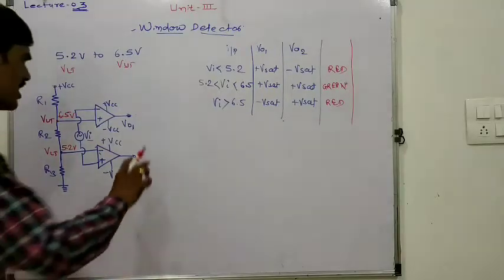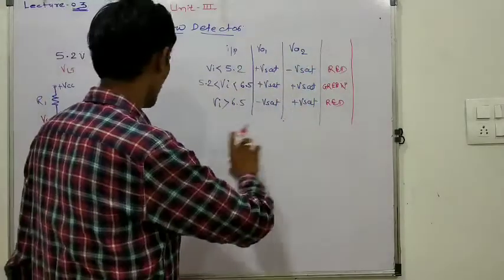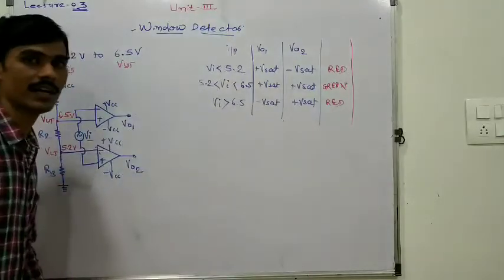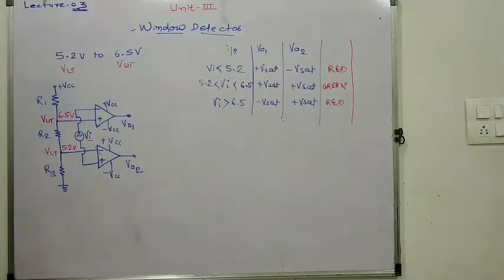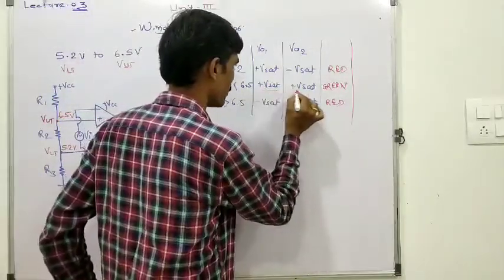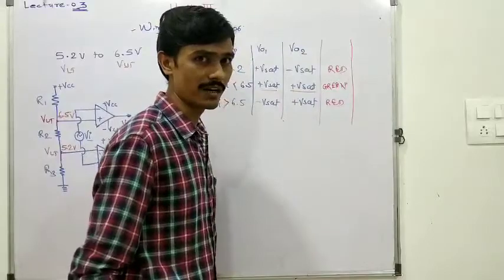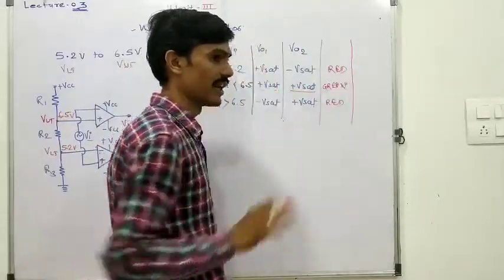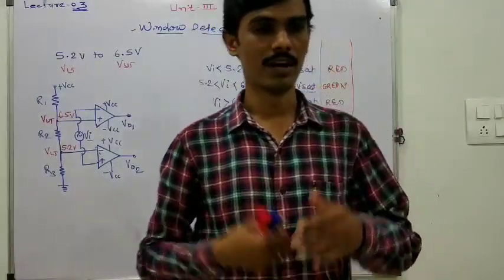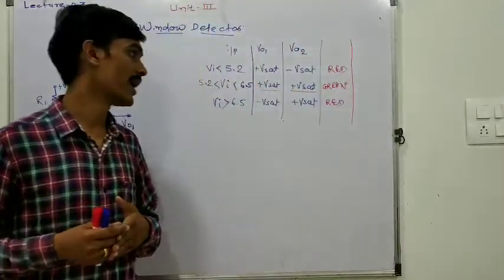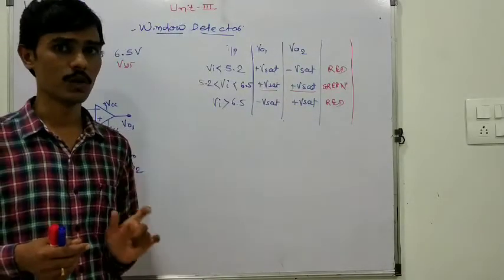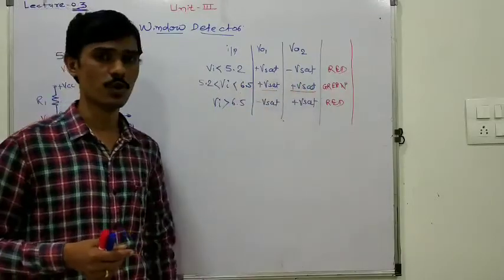So definitely after getting plus minus Vsat, we have to connect here one extra circuit which will glow the red and green LED. In a simple way we can say that if we are having both positive, that is plus Vsat, we have to glow the green LED. That means an LED requires a plus 5 volt supply definitely. By dropping down the Vsat, we must get a 5 volt supply, and here both are positive voltages.